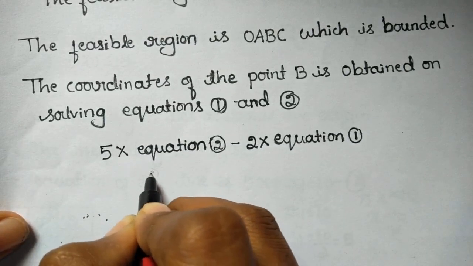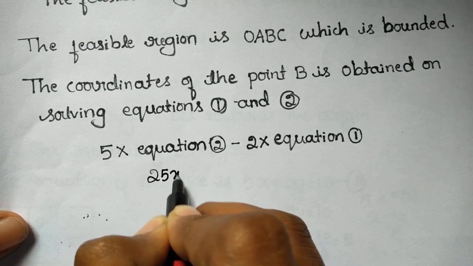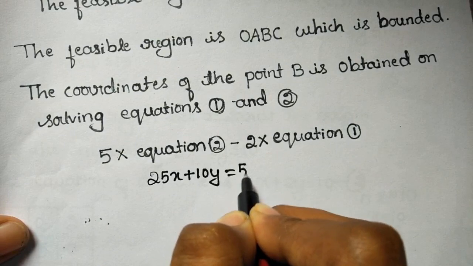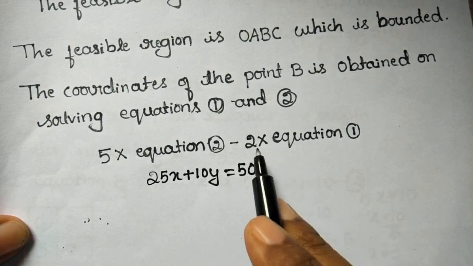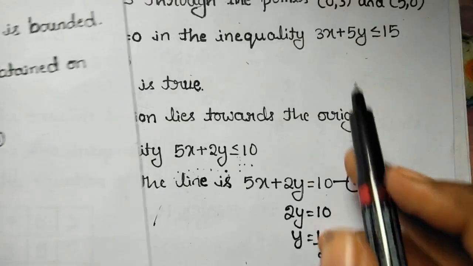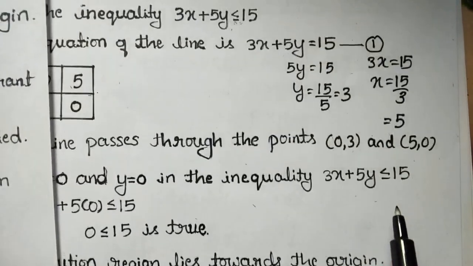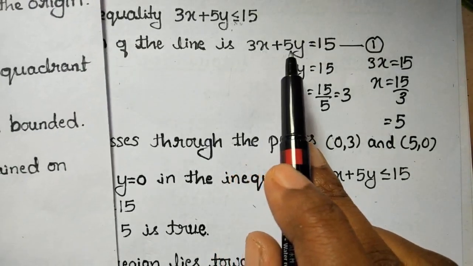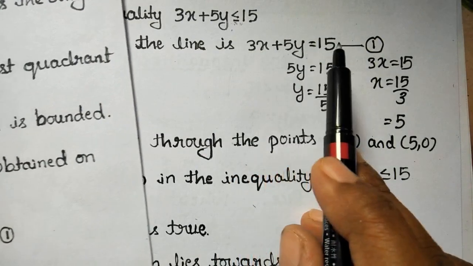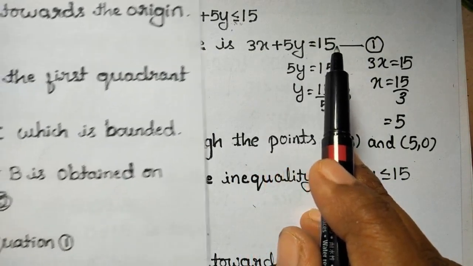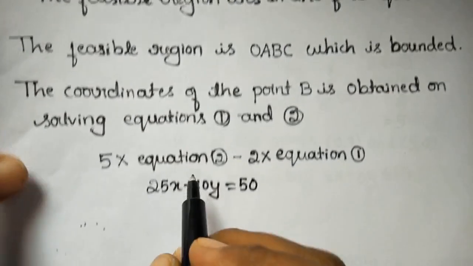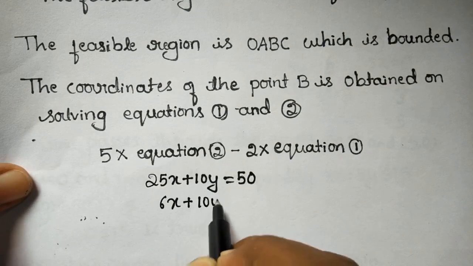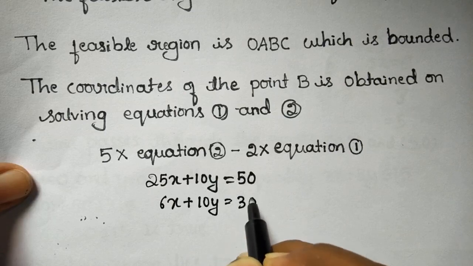I'll write it here: 25x plus 10y is equal to 50. Similarly, multiply 2 to equation 1: 2 into 3, 6x, 2 into 5, 10y, 2 into 15, that is 30. 6x plus 10y is equal to 30.